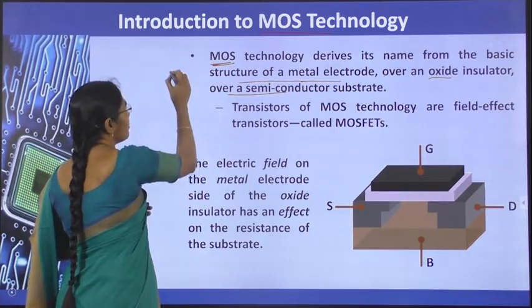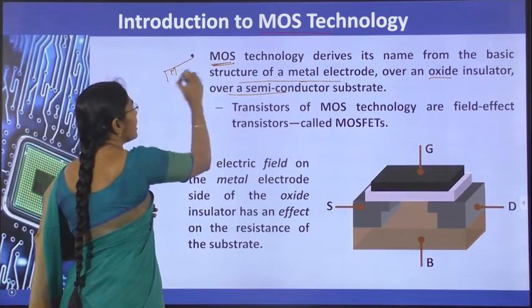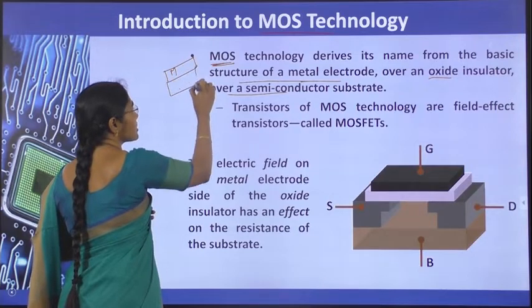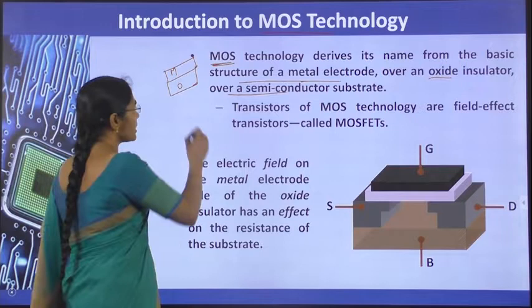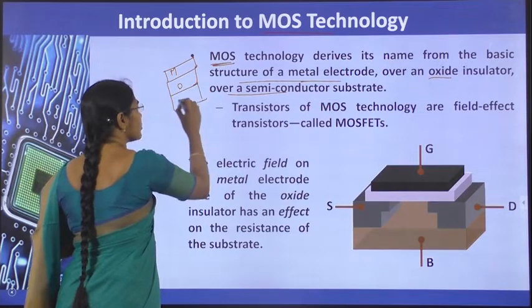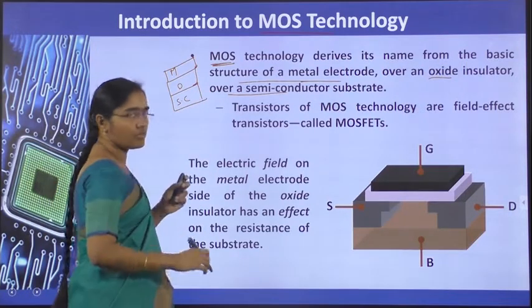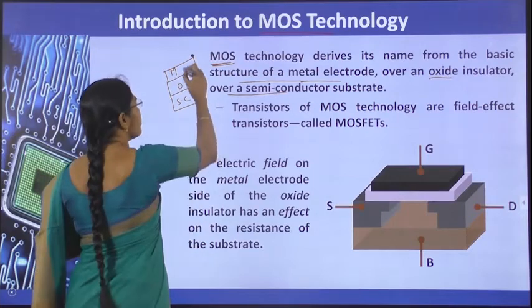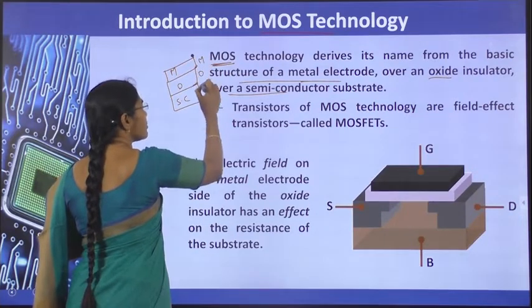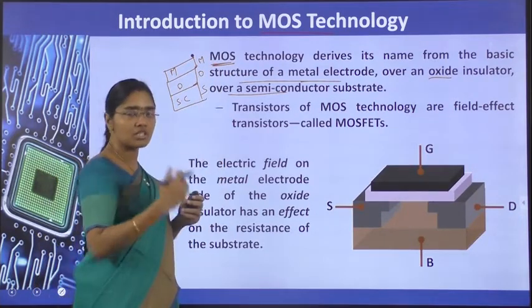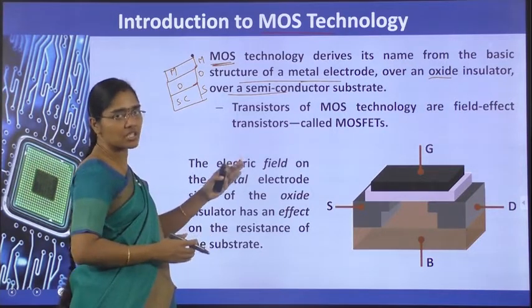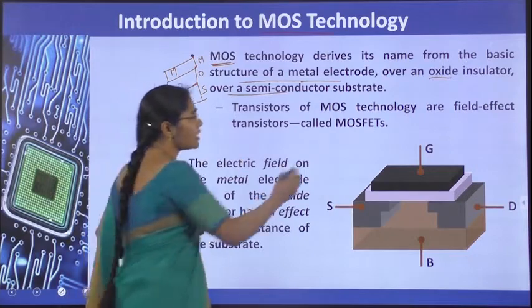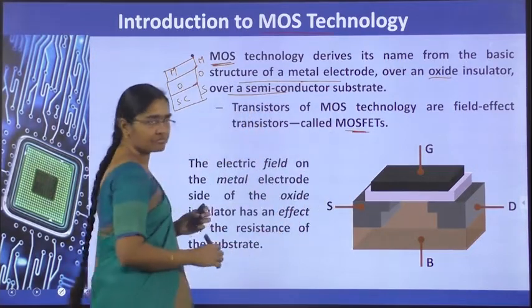That is, the metal layer is constructed over the insulating layer of oxide, and it is constructed over the semiconducting layer of silicon. Because of its structure, it is given the name MOS. And in this MOS technology, the transistors used are all MOSFETs only.